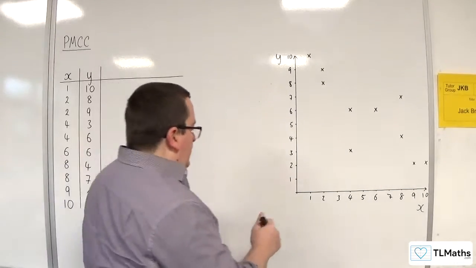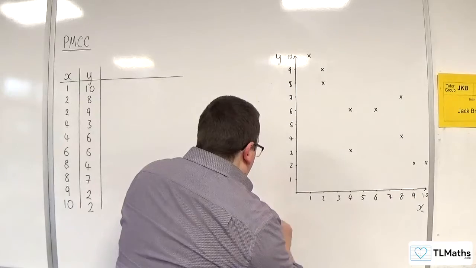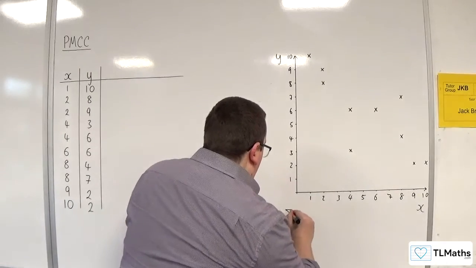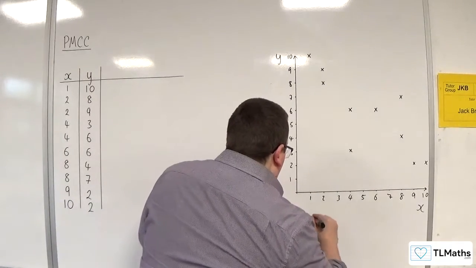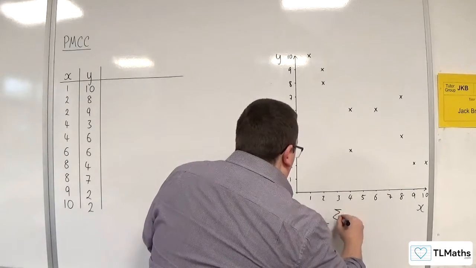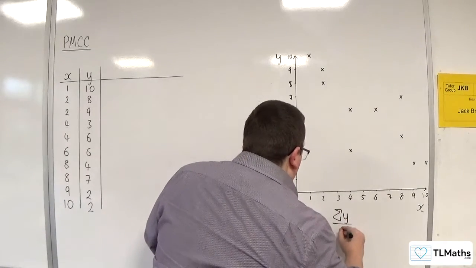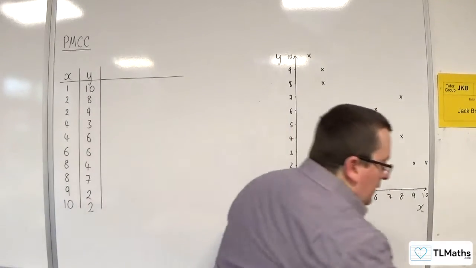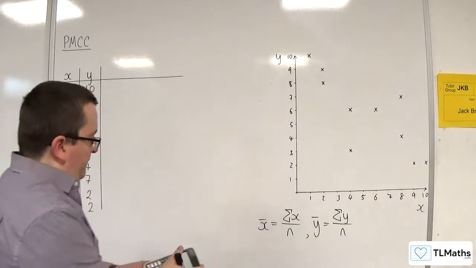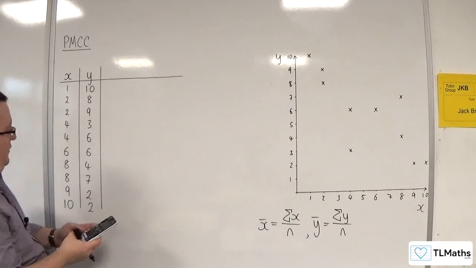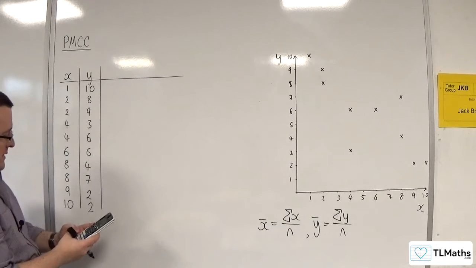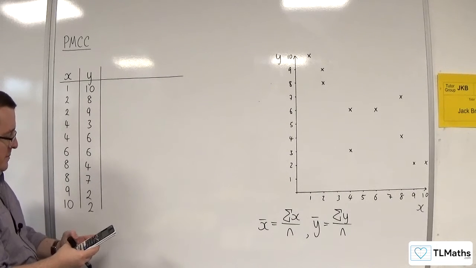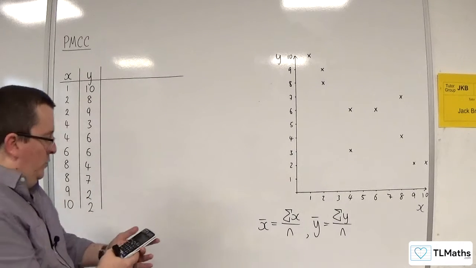So I'm going to get x bar, which is the sum of all of the x's divided by n, and y bar, which is the sum of all of the y's divided by n. That's the first thing I'm going to do. So 1 plus 2 plus 2 plus 4 plus 4 plus 6 plus 8 plus 8 plus 9 plus 10 is 54.